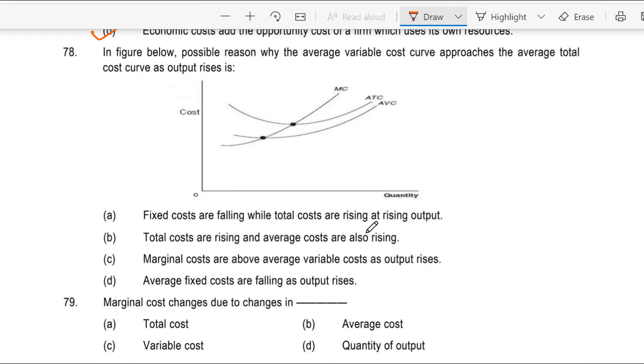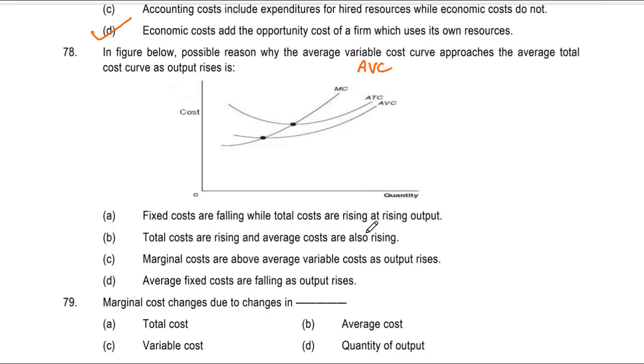Let's see question number 78. In the figure below, what is a possible reason why the average variable cost AVC curve approaches the average total cost curve as output rises? A. Fixed costs are falling while total costs are rising at rising output. B. Total costs are falling and average costs are also rising.